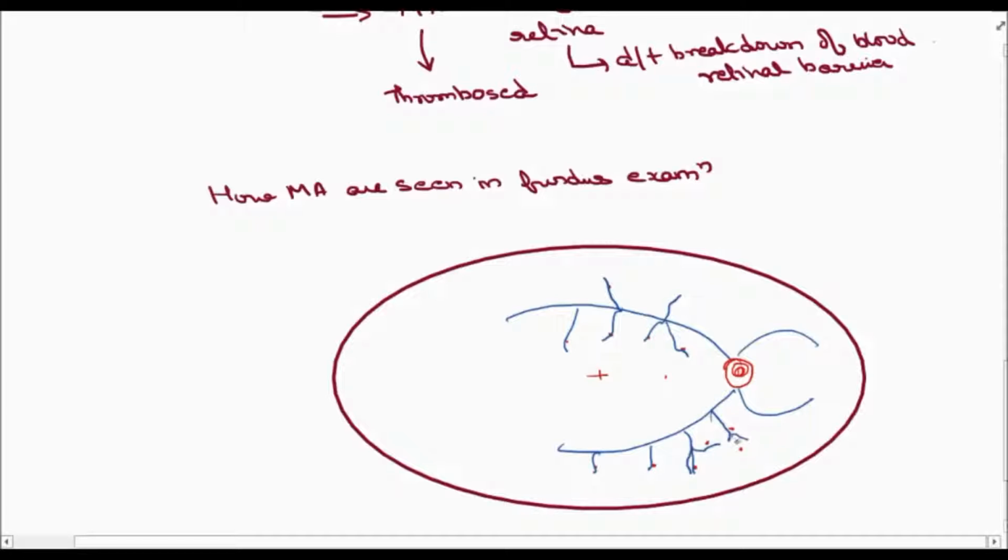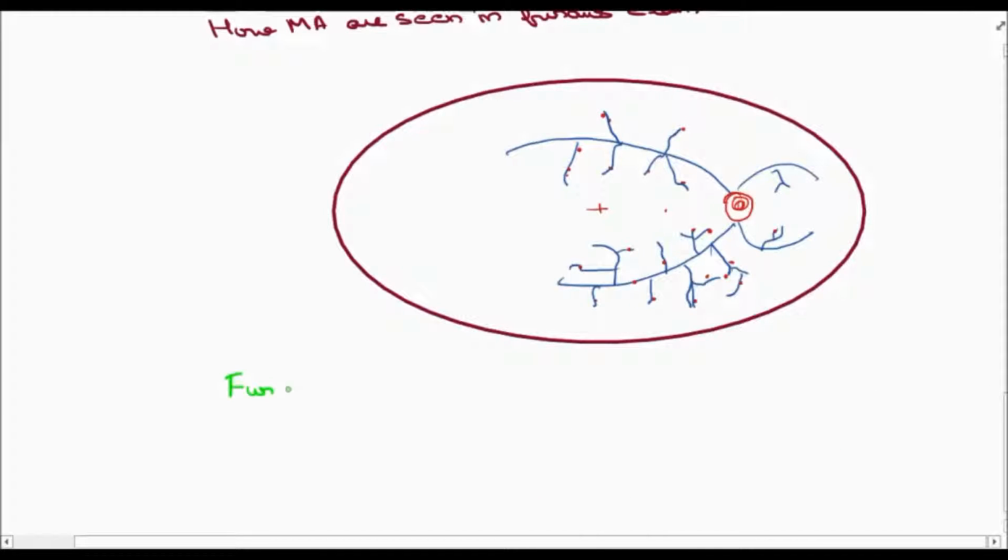In microaneurysms, the capillaries are associated. We can see the tiny blood points over the capillaries, whereas the dot hemorrhages are totally away from the capillaries. So I'm drawing the dot hemorrhages, and now I'm drawing the microaneurysms.